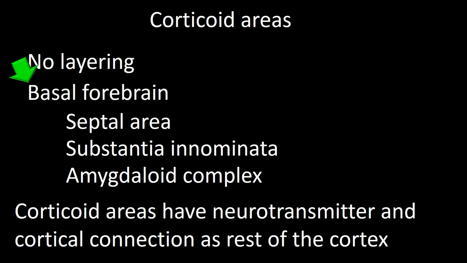It is found in the basal forebrain, occupying the septal area, substantia innominata, and the cortical region of the amygdaloid complex. Interestingly enough, these areas are considered cortical because they are on the surface of the brain, but also because they have neurotransmitters and cortical connections similar to other regions in the cortex. So the answer to this question is B. Thank you very much for your attention.